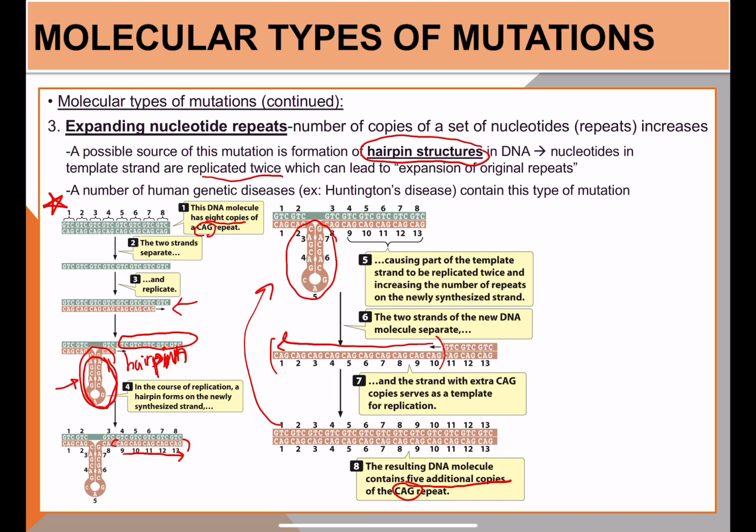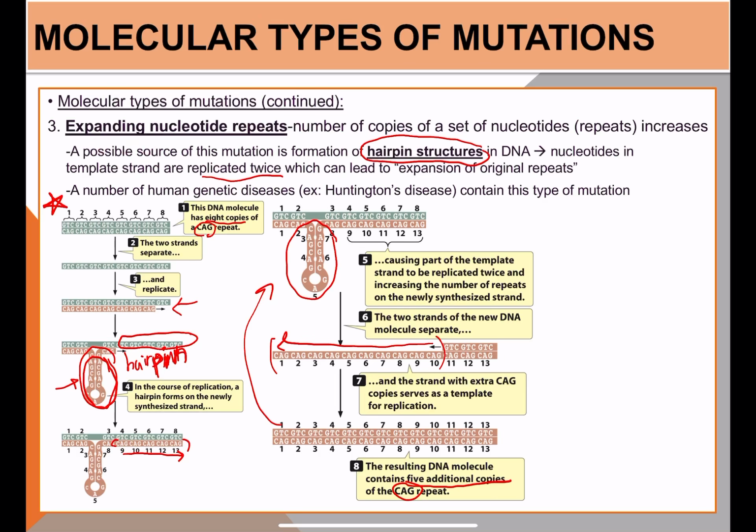But it is because of this formation of a secondary structure that results in the extra segment of DNA that was not replicated, and when it separates again, it thinks it is a sequence that you have to replicate, and that's why you end up with extra copies of that particular segment, and that's why it's called expanding nucleotide repeats. That segment of repeats just keeps expanding bigger and bigger.